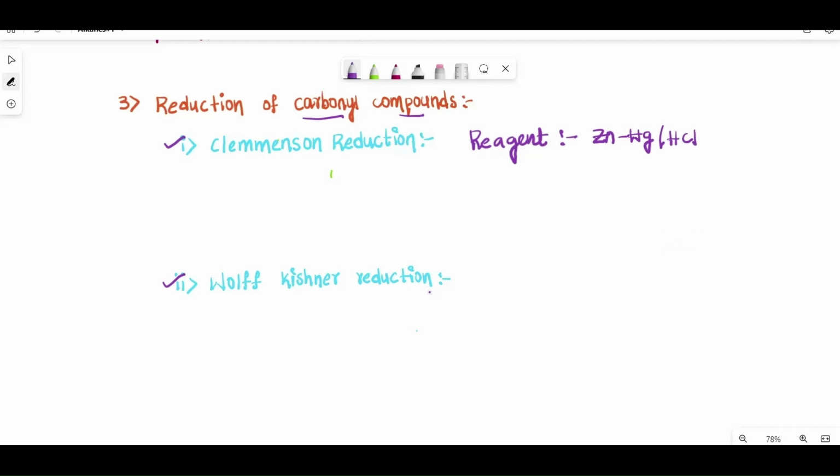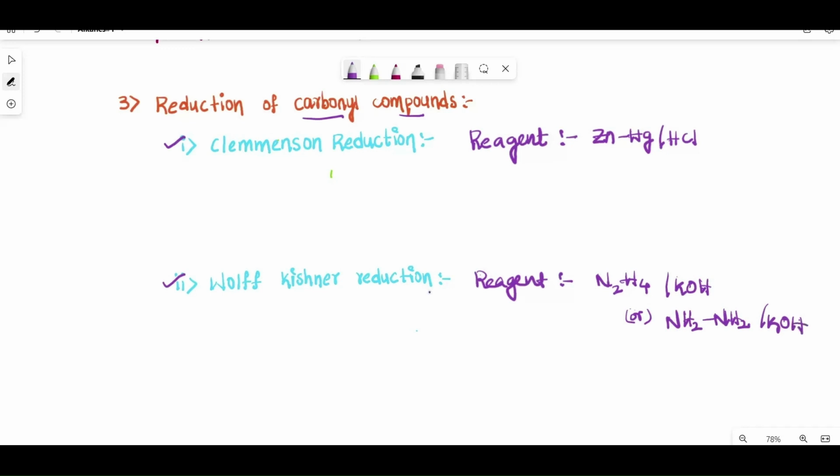And for Wolff-Kishner reduction, reagent is NH2NH2, or else you can write like this also, N2H4 and KOH, or NH2NH2 in the presence of base KOH.